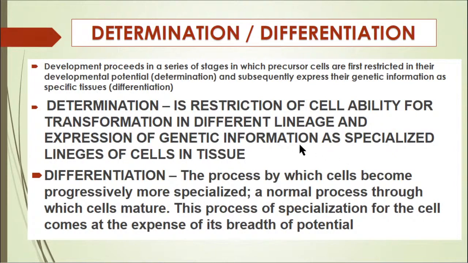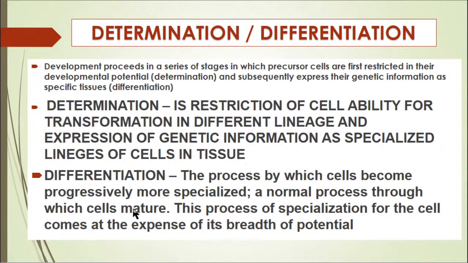In this case, with each process of determination there is a restriction of the ability of specialization. The effect of this will be the formation of a specialized lineage of cells in tissue.